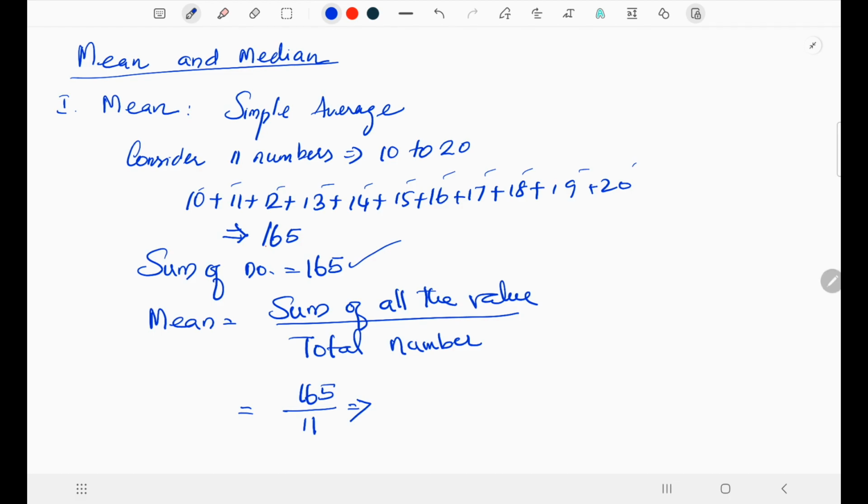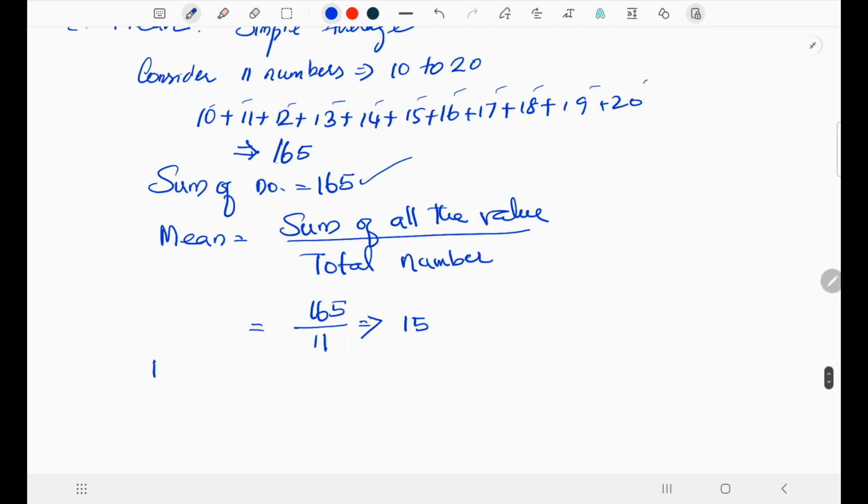Yes, 165 divided by 11 equals 15. So 15 is the average or mean. Mean and average are both the same.